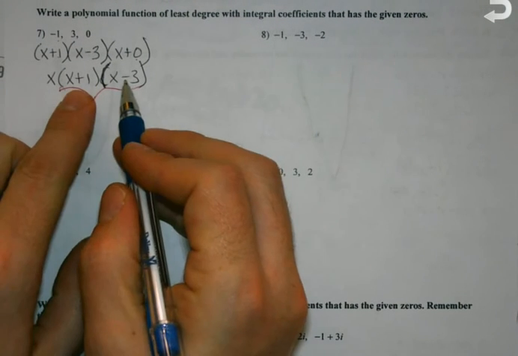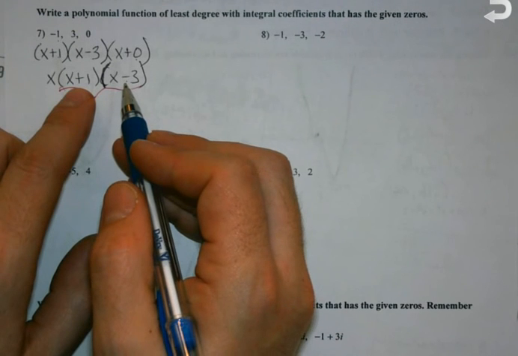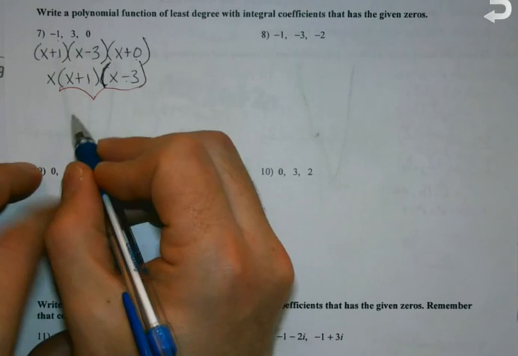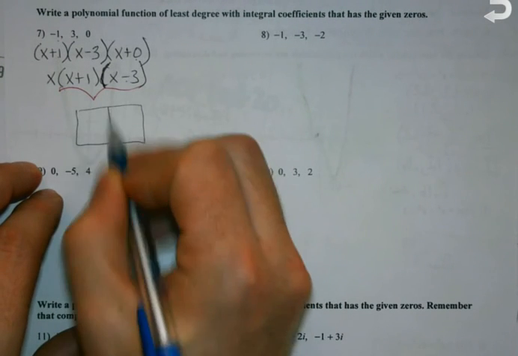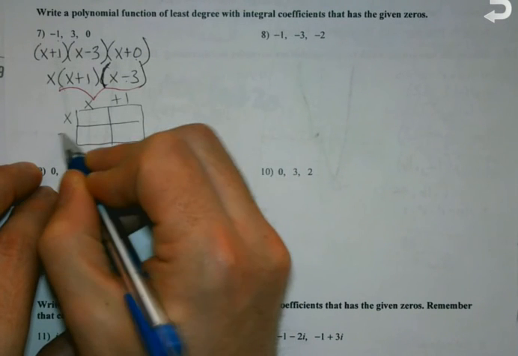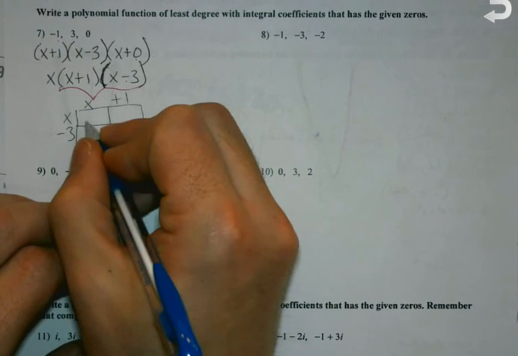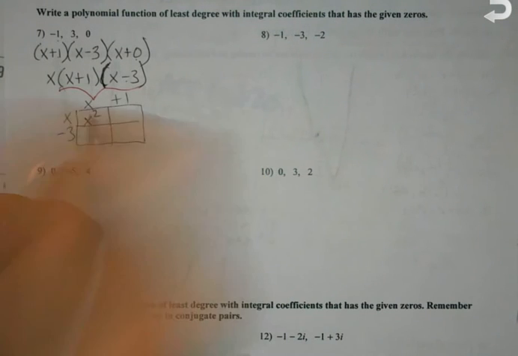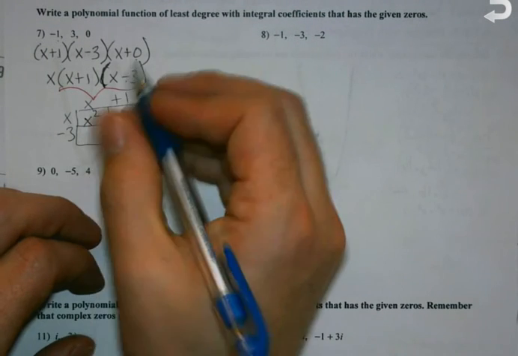So when you're here, you can FOIL. I know some of you are comfortable with that. You can also, like we have before, box it, which is a good organizational tool you could use when you're trying to make sure that as you multiply these out, you're combining your like terms.